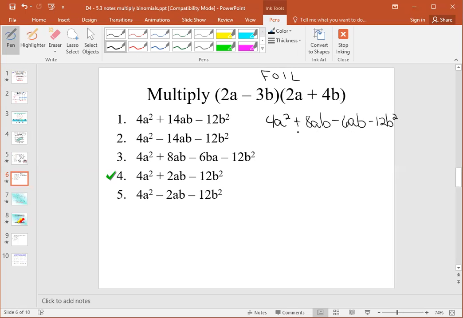Then the last thing we're going to do is combine terms. These are both ab's, so 8 minus 6 is 2ab minus 12b squared. I like FOIL a lot because it helps me move along the problem a little faster, and sometimes we need that.